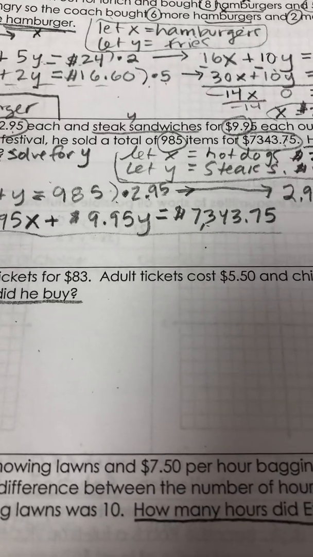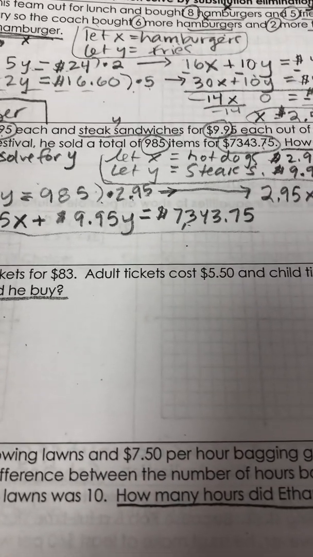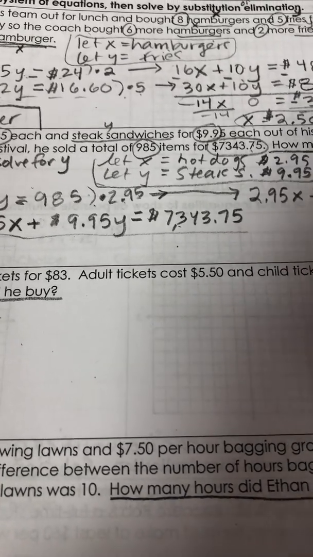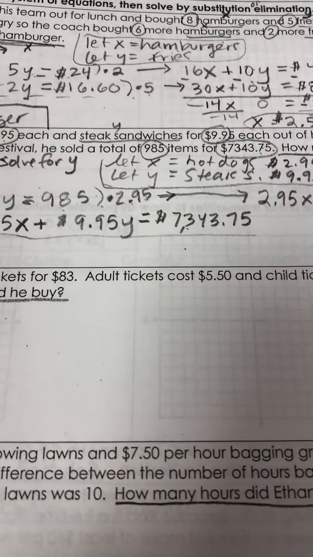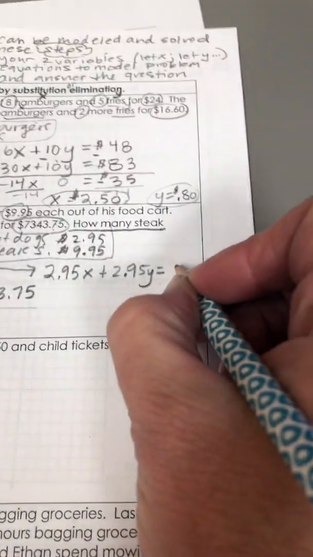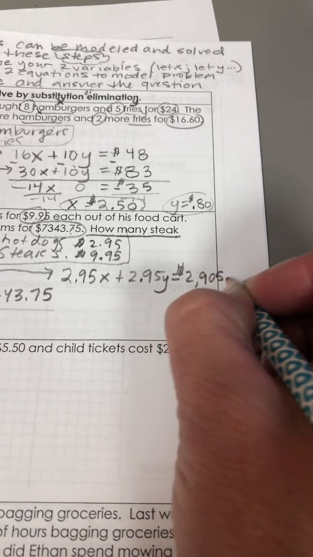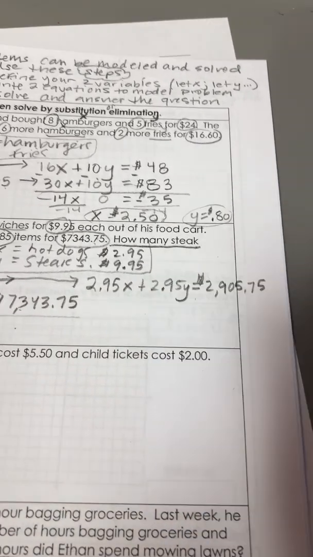This is when a calculator comes in handy. I have not memorized that. So I'm taking $2.95 and multiplying by $9.85. And I'm going to end up with, if my fingers were accurate, $2,905.75.